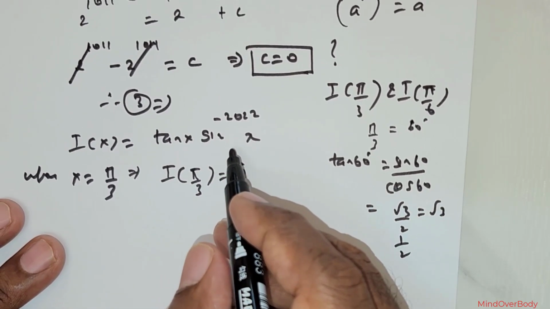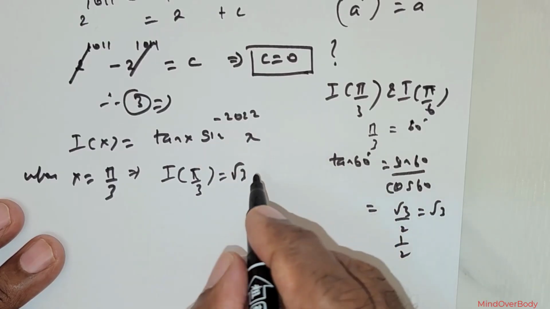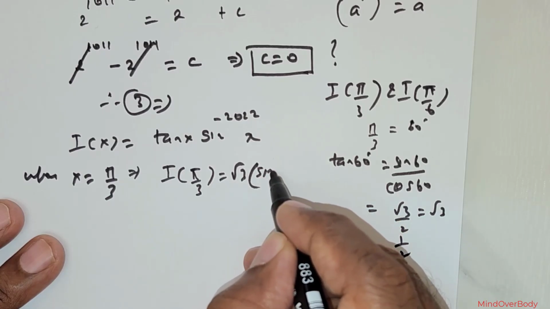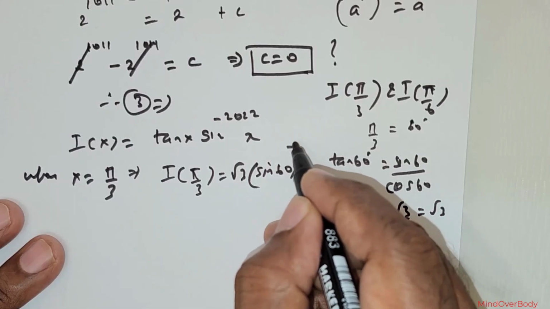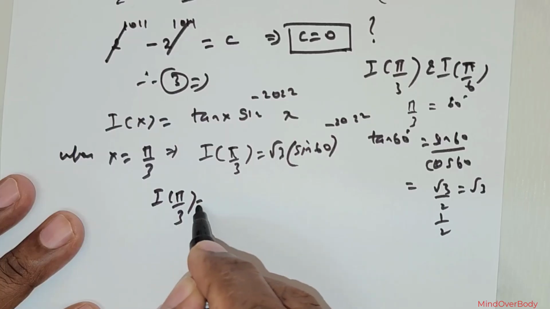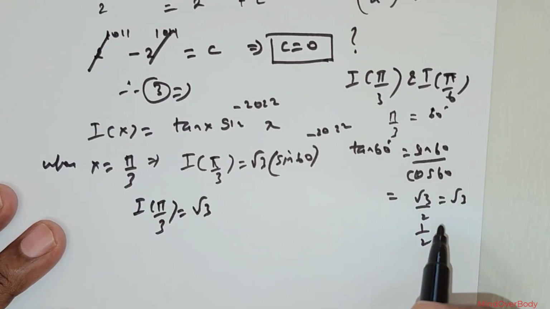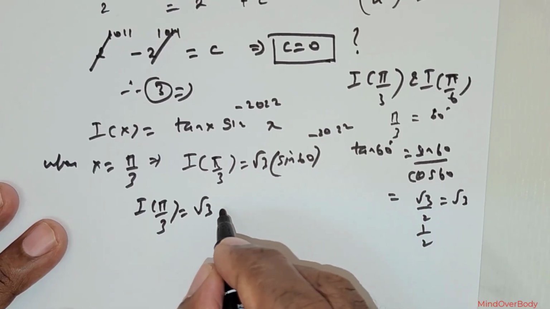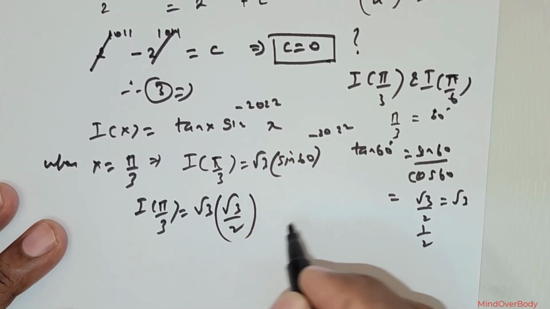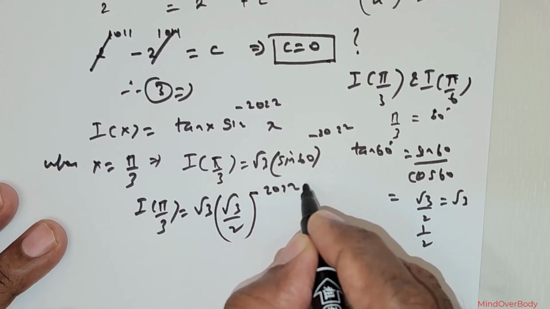Now this sine raised to the power of negative 2022, as I mentioned or shown you earlier, I am going to rewrite that as sine of 60 raised to the power of negative 2022. So this is I of pi over 3 is equal to root of 3. Sine 60 is root 3 over 2. So you can just place that root 3 over 2. This is raised to the power of negative 2022.